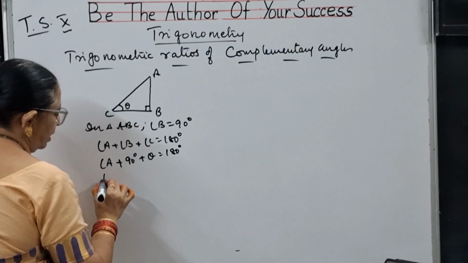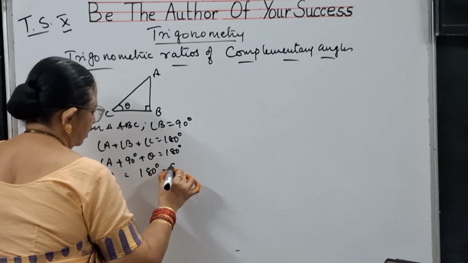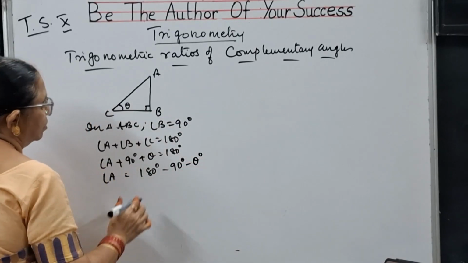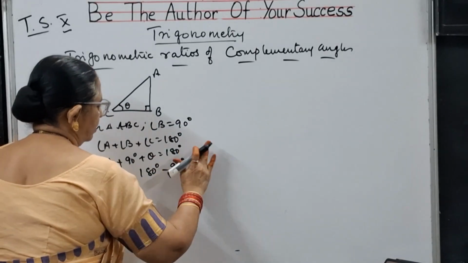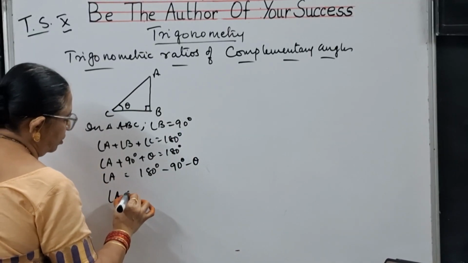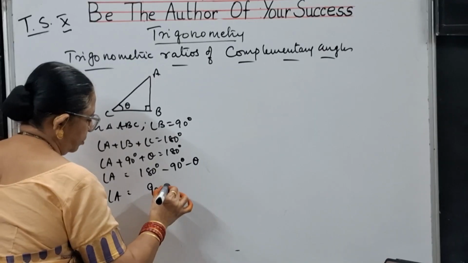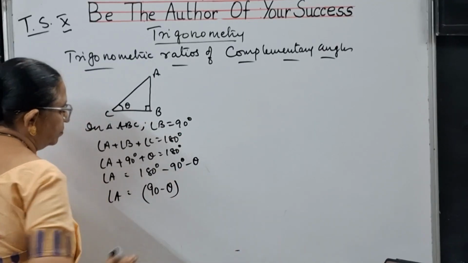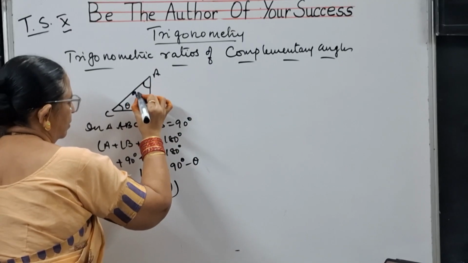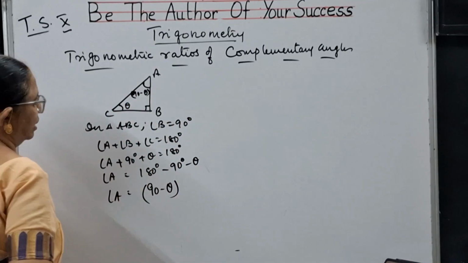So, what is angle A, children? 180 degrees minus 90 degrees minus theta. That means angle A will be equal to 90 minus theta. So, angle A measures 90 minus theta in a right angle triangle.